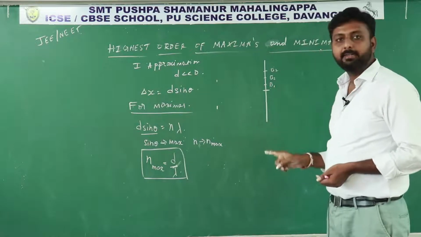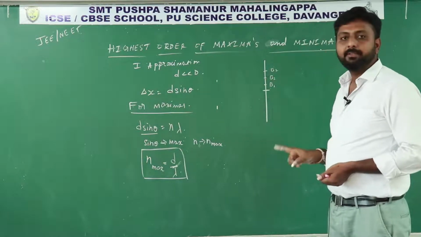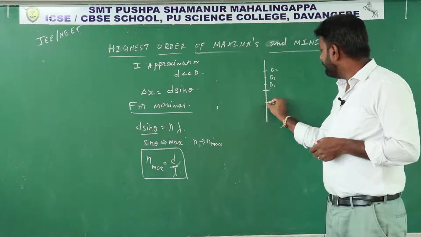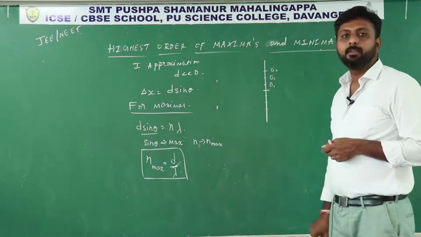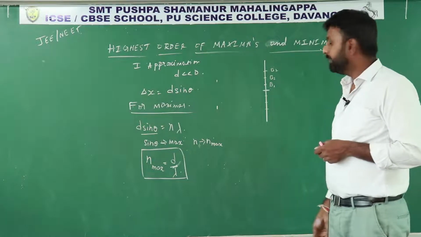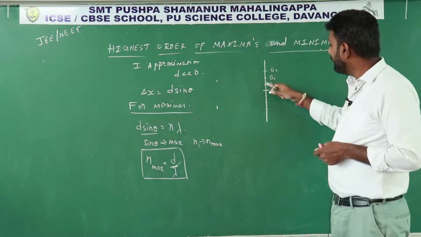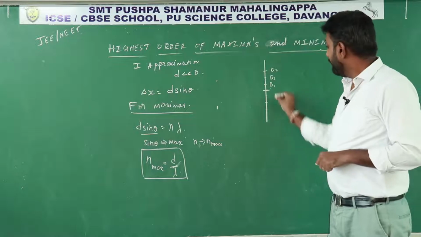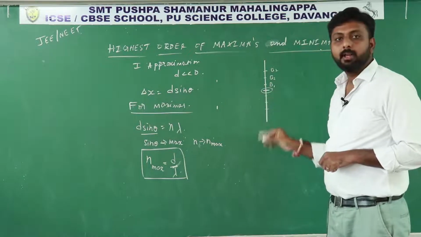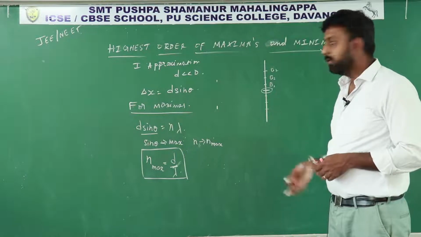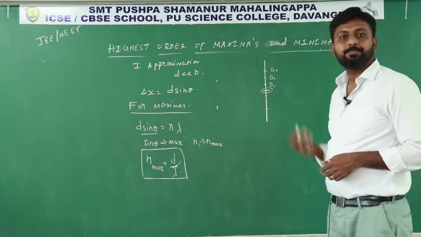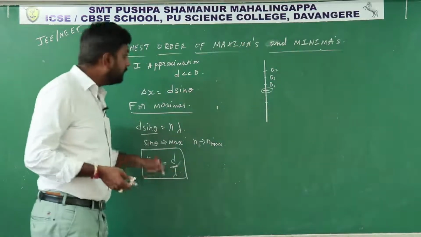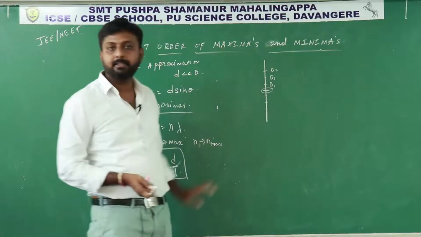From the central bright fringe, 1, 2, 3 bright fringes will form. Similarly below also 3 fringes will form, so totally 1, 2, 3, 4, 5, 6 fringes. What about the central bright fringe? Always the central bright fringe will form. So how many bright fringes formed here? Total 7. So this will give the nth order of the bright fringe.